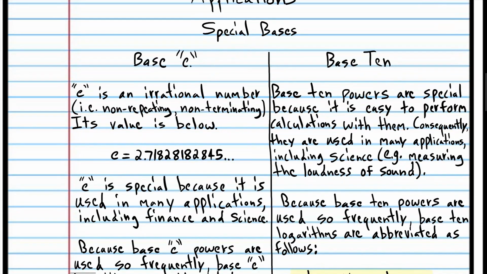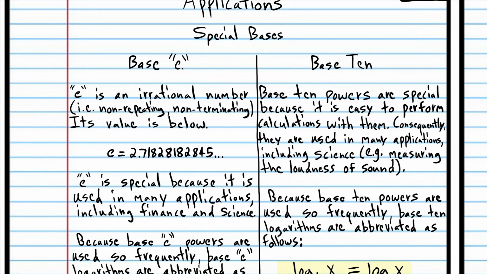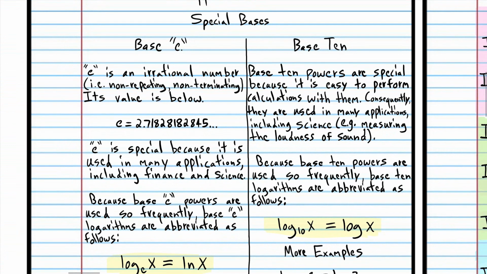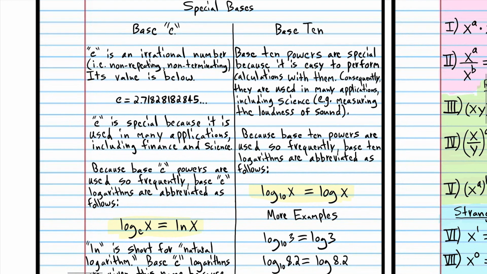So we have some special bases here. In the problems that we did previously where we had logarithms, we didn't use these special bases because I didn't want to complicate things, but now we're going to use logarithms with base 10 and base e values.